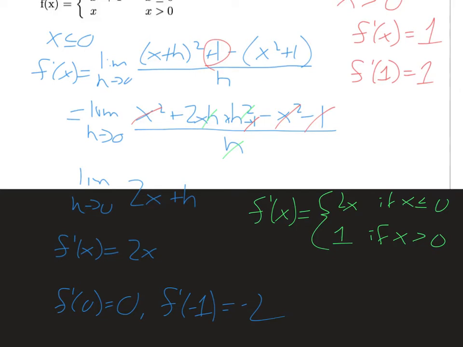Now, this leads to an important question as we think about this limit and what's actually happening at this place where we switch from one piece of my function to the next. Now we have this "or equal to," right?